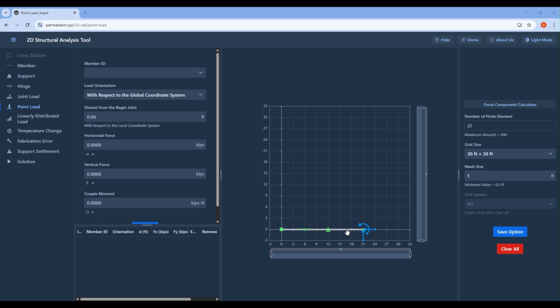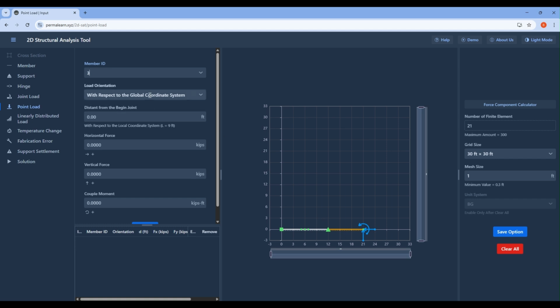So if I want to put it in the middle and I don't have any point in the middle here, we need to use the point load. For example, I want to add the load on this member. I need to click that member. As you can see, it will turn yellow.